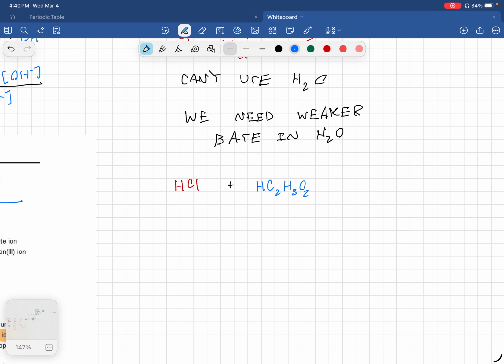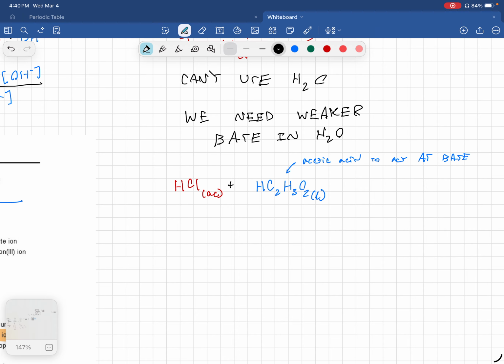Well, remember, anything that's got lone pairs on it can act as a base. So if we force acetic acid to act as a base, which will happen because if HCl is the stronger acid of the two, then this will be forced to act as a base. And so then instead of aqueous, I'll put AC for acetic.